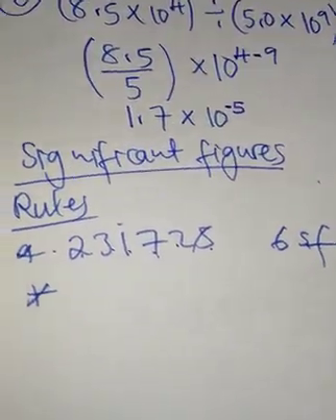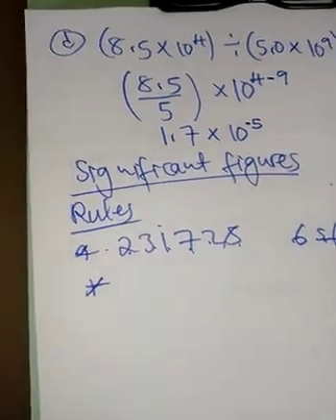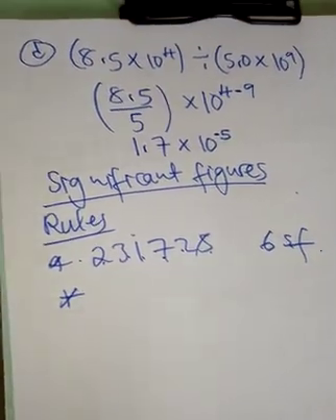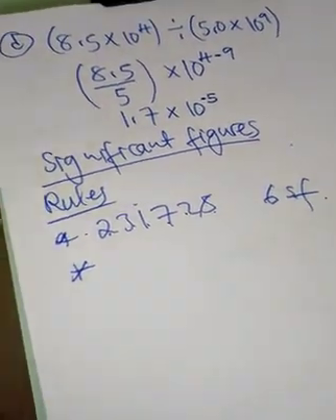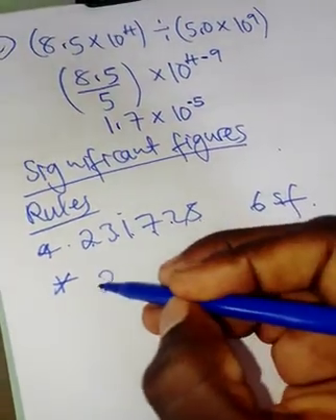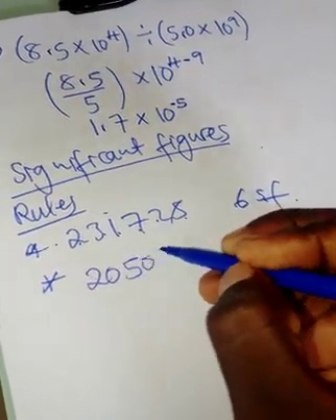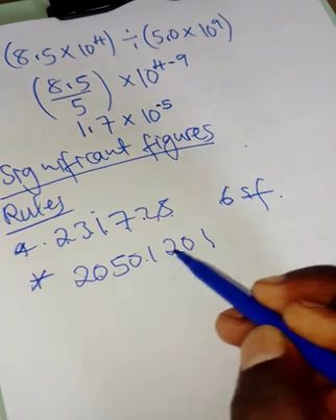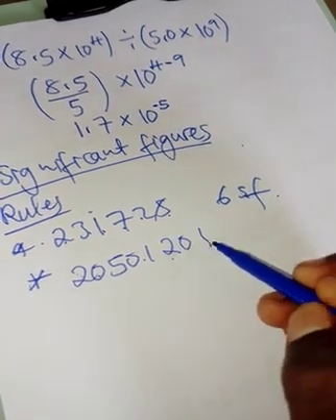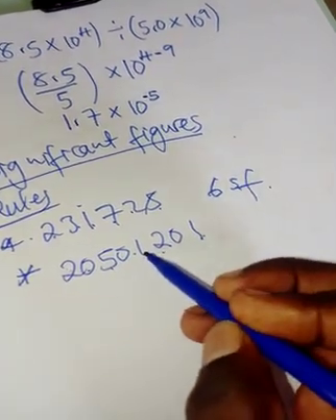The second one, we are saying all zeros occurring between two non-zero digits are significant. For example, 20,501,201. These zeros are occurring between non-zero digits. 2 and 1, non-zero digits. 5 and 1, non-zero digits.